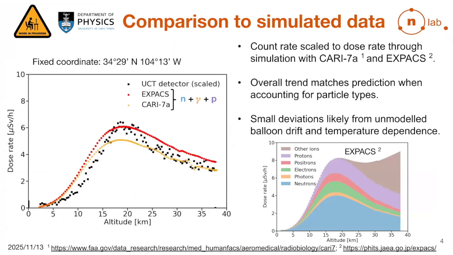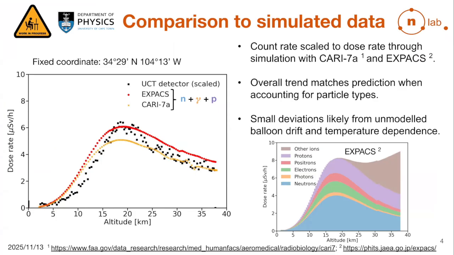And so we can have a look at the data, and what we're doing here is we're comparing to an expectation. We're looking at two different simulation packages. One called CARI-7A, which is used in aviation to determine the doses received by pilots and flight attendants.